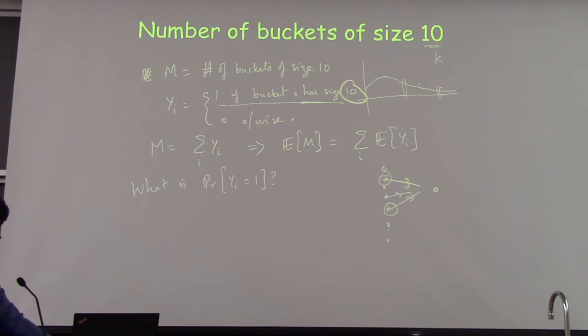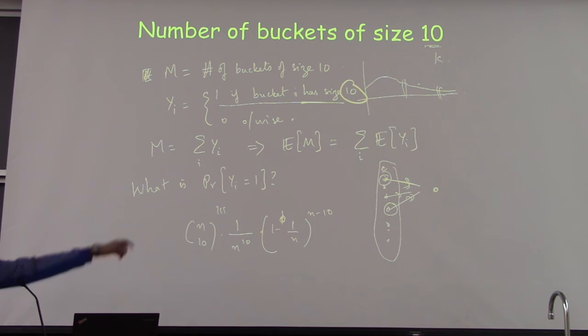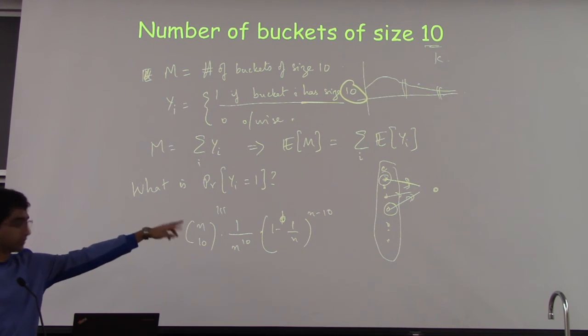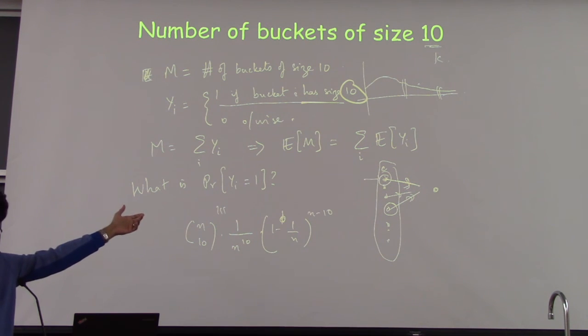If you work this out, this is actually a straightforward probability calculation. This is n choose 10, the number of ways in which you can choose 10 things out of n, times 1 over n to the 10, times (1 minus 1 over n) to the n minus 10. This is because you are picking 10 different indices.